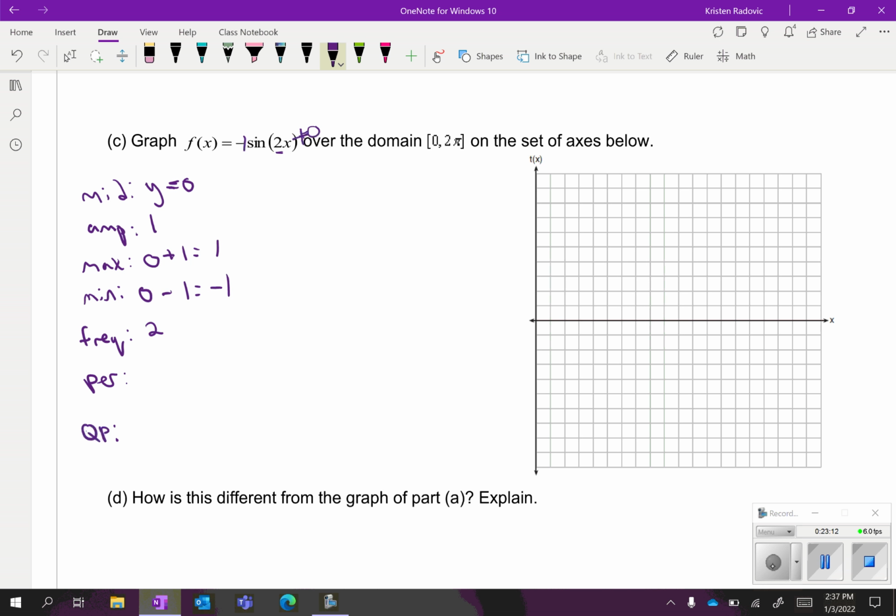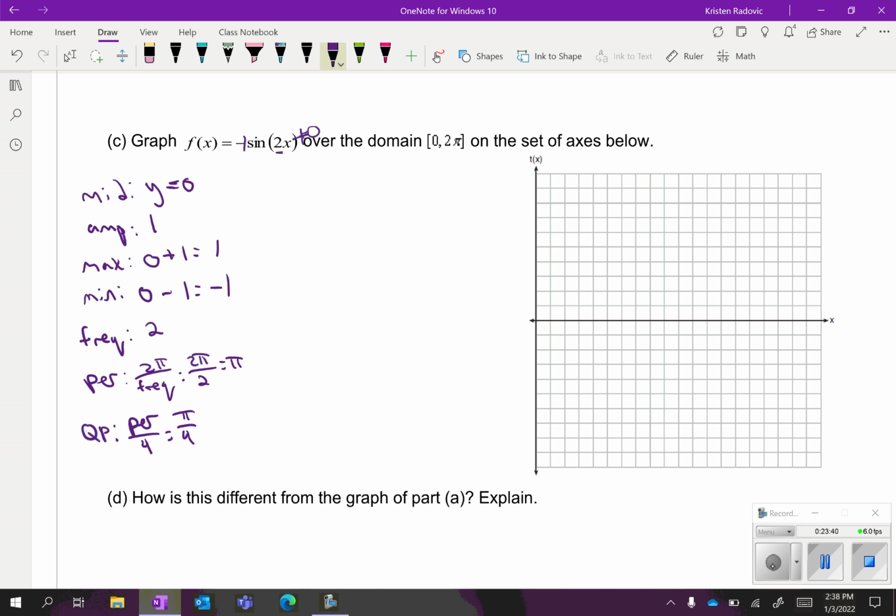And that means your period is going to be 2 pi over your frequency. So 2 pi over 2, which is pi. If you want to find your quarter points, you take the period and you divide by 4. Your period is pi. We're dividing by 4, not 2.